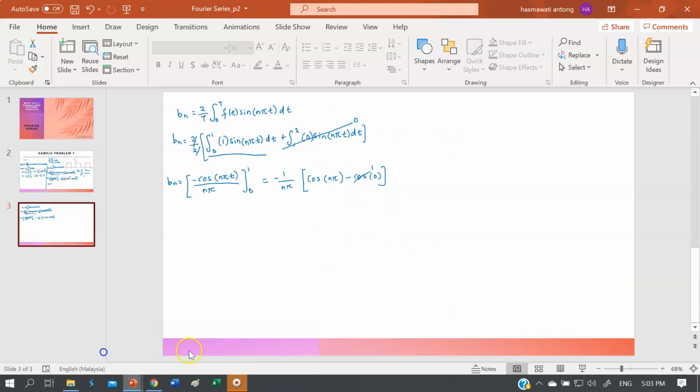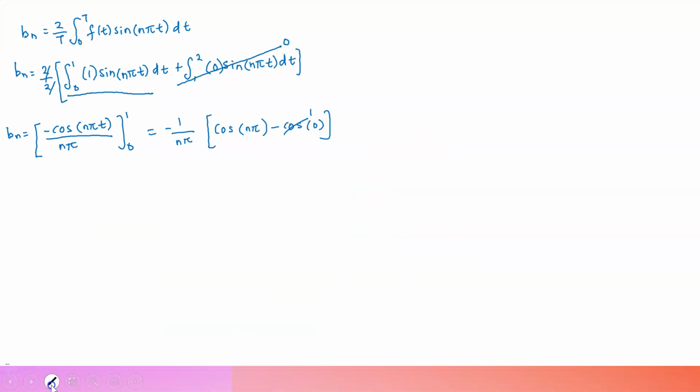And so if we substitute that here, minus 1 over n pi, this one is minus 1 to the power of n minus 1.